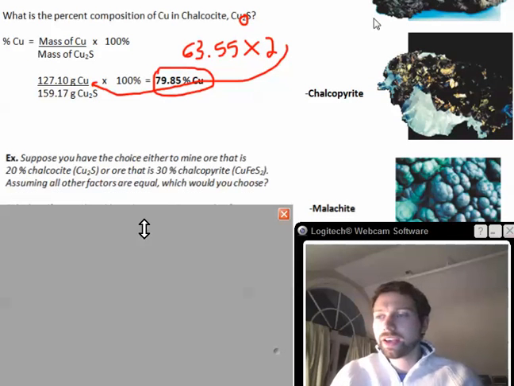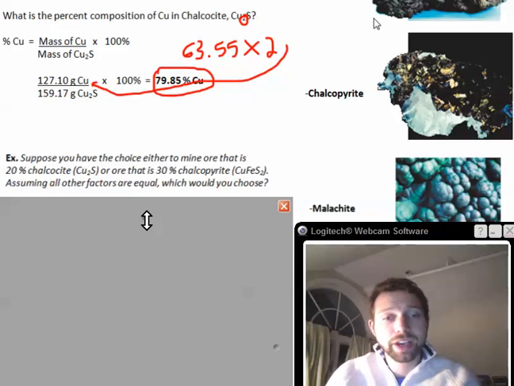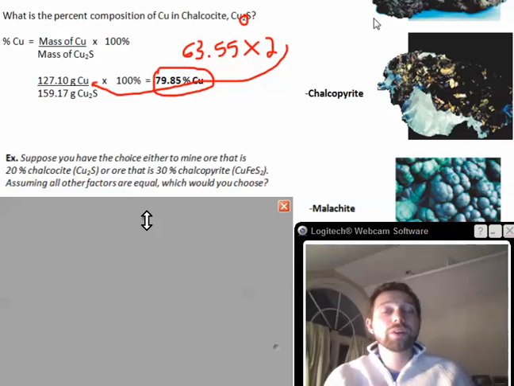Now, if we were really a miner, or a refiner of metals, and we were put in charge of making a decision either to mine chalcocite or to mine chalcopyrite, this might be a classic question you could see.